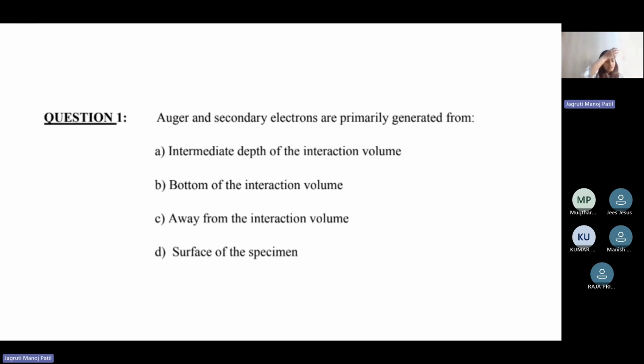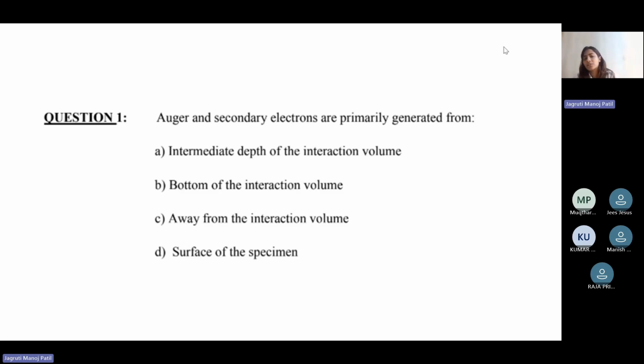So, first question. Auger and secondary electrons, they are primarily generated from... You all can take 5 seconds, a brief stop, and then let me know which answer you think is correct. So we can answer this question by asking where these electrons actually are. Are they in the near shells?